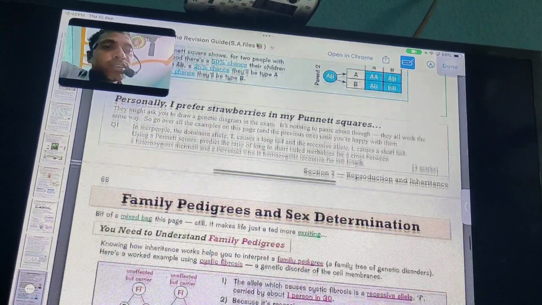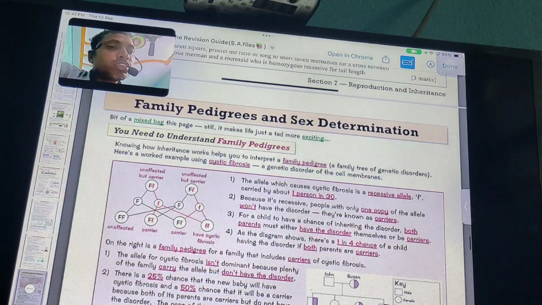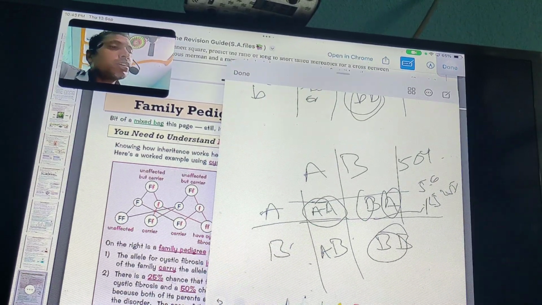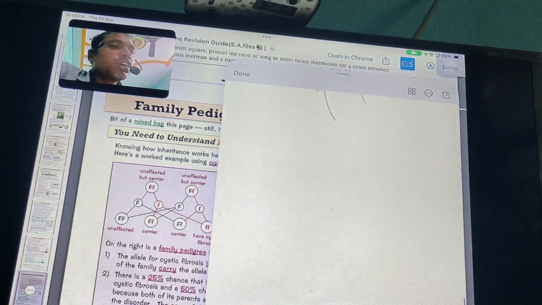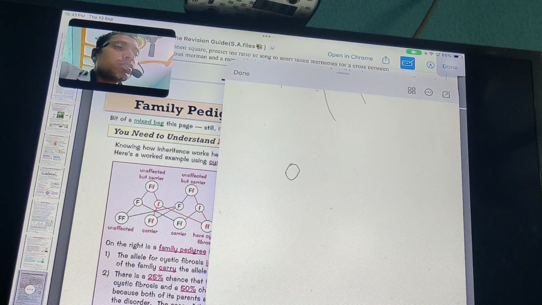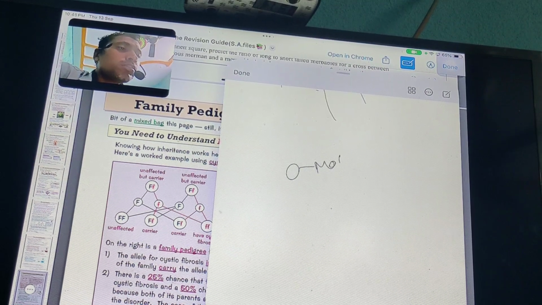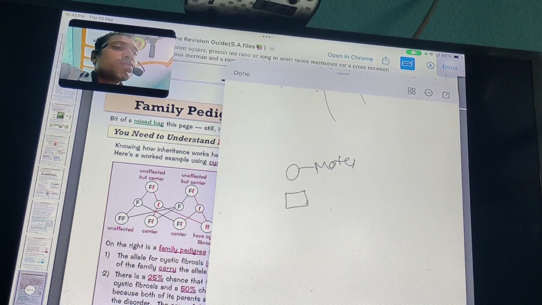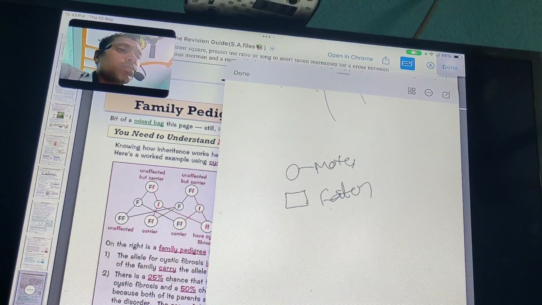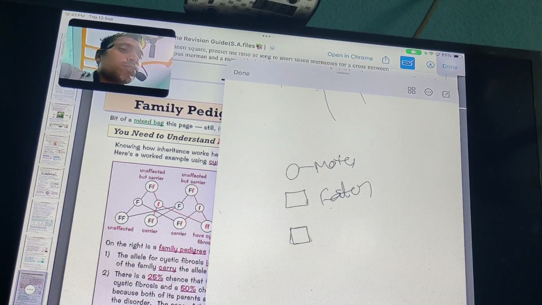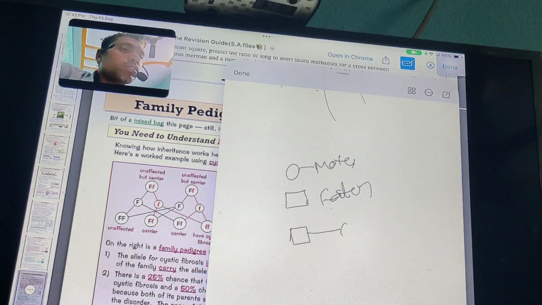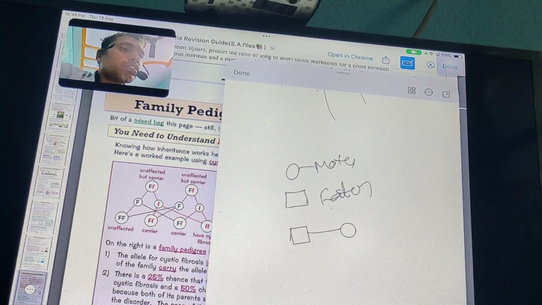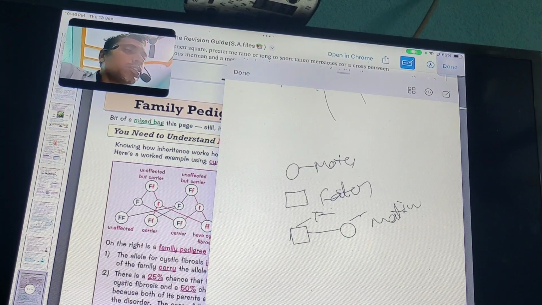Next is the family pedigree and sex determination. In a family pedigree, these are the mother and father, a couple mating.